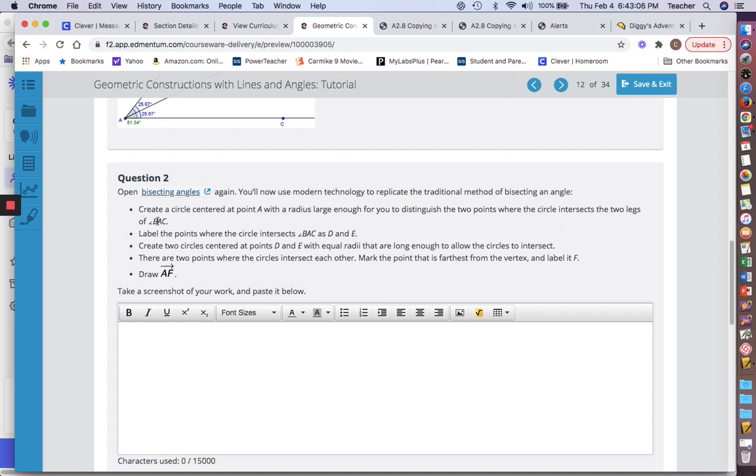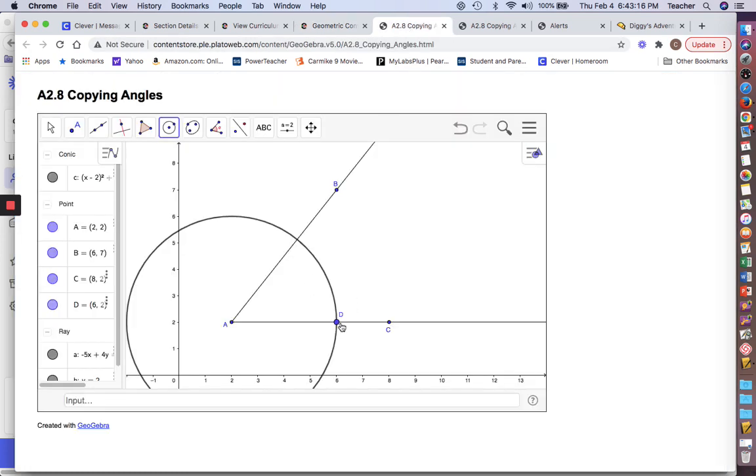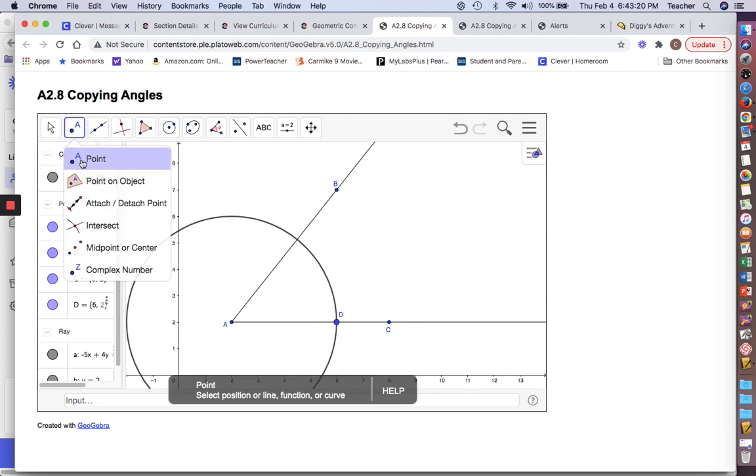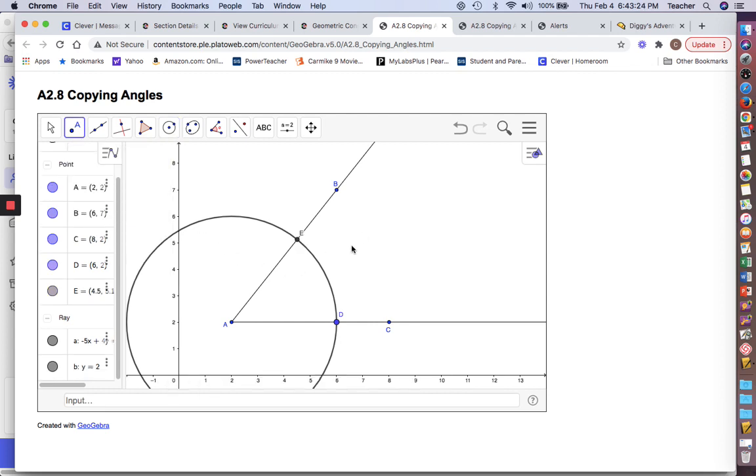The circle intersects the 2 legs of BAC. Okay, I've got that. Label the points where the circle intersects as D and E. Okay, good. I did do it right. So I've got a D here. I need an E right here for that intersection. So let's click on point, put a point right there, and label it E.